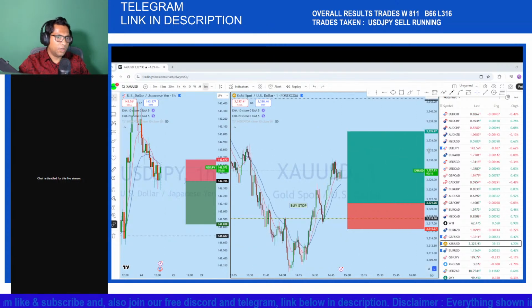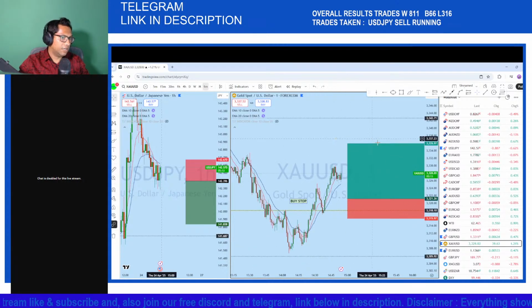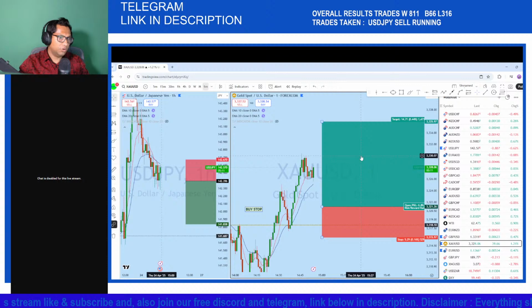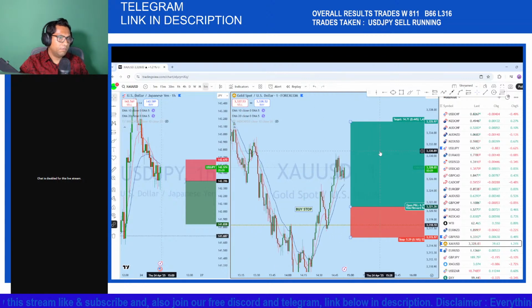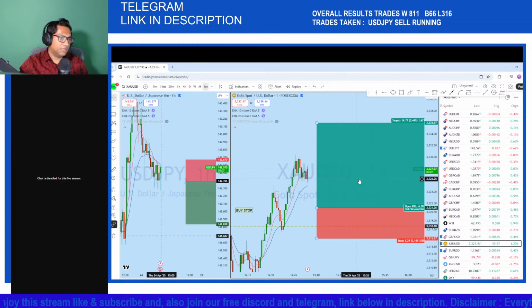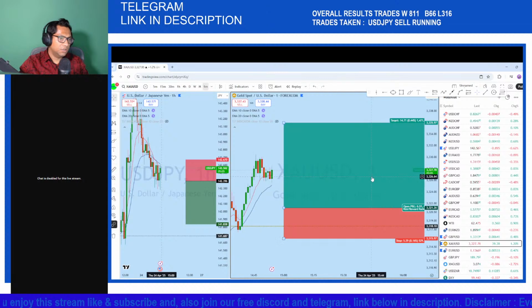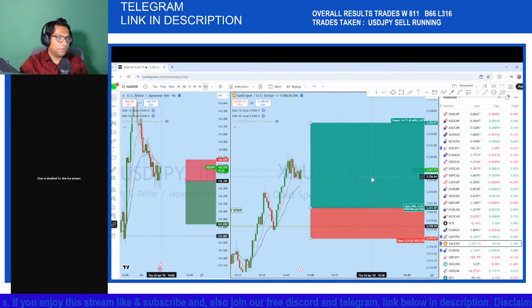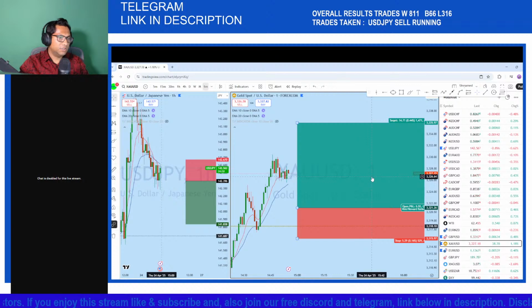So I'm still holding it. If you want to catch all those possible moves from here, because when the market trend is bullish, we are better to keep that hold on, with risk management as the key.